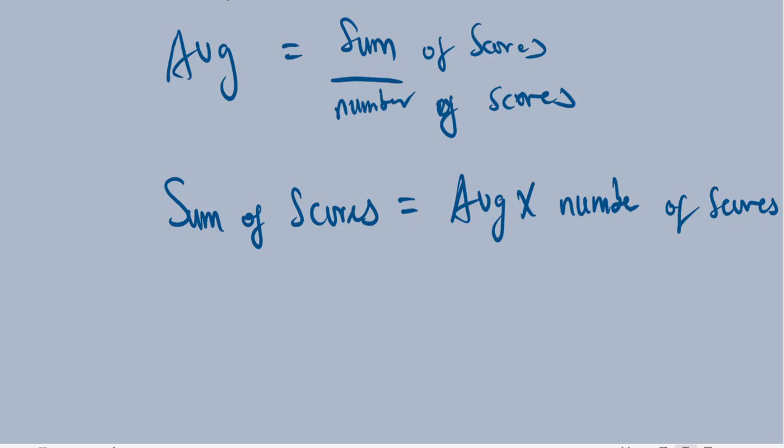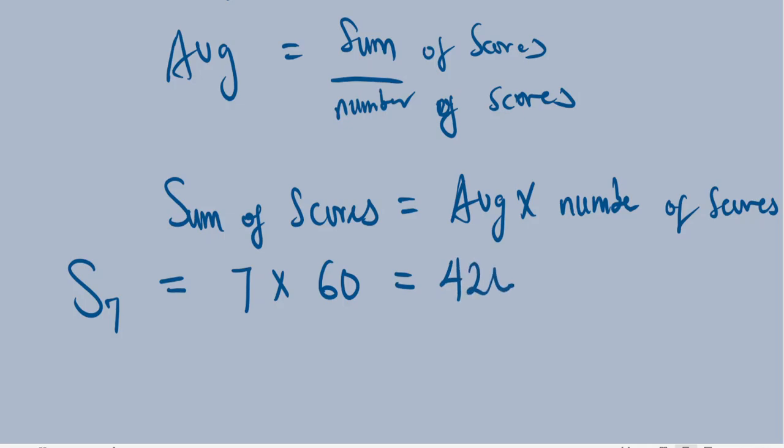Let's do the sum of scores for 7 boys. It will be 7, the number of boys, times the average, which is 60. So the sum for boys will be 420.